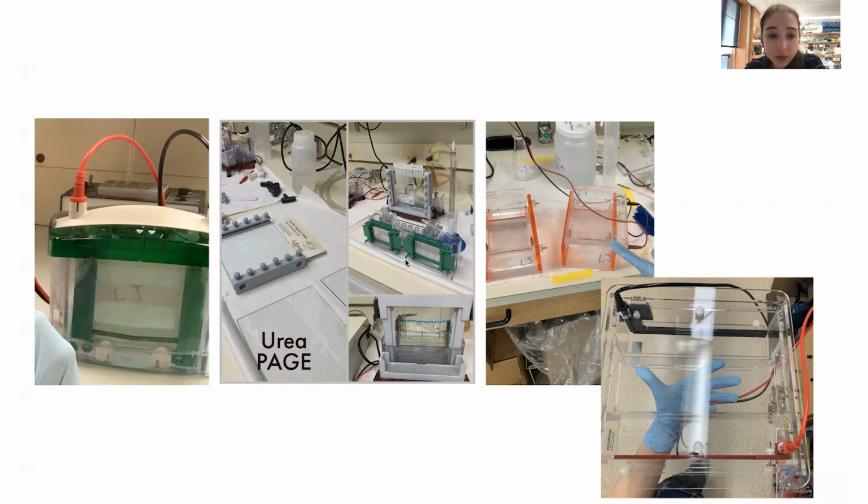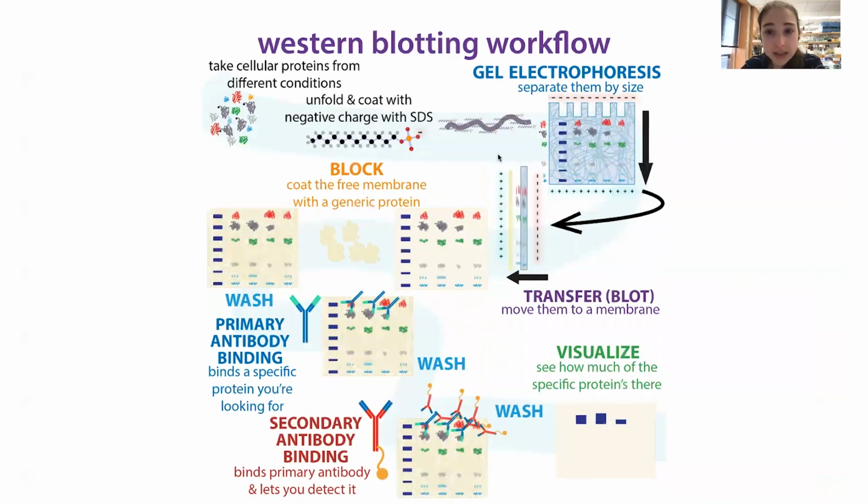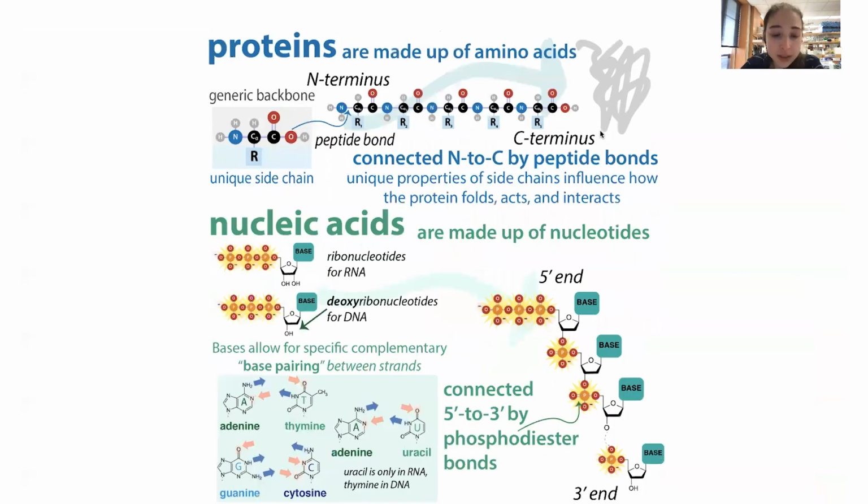In order to get the molecules ready to move through the gel, we need to first do a couple things depending on what the molecules are. And so in proteins, we do the SDS coating, and that's going to unfold them, and it's also going to give them the negative charge that they need. When we're dealing with DNA and RNA, they're already negatively charged, but they also have structure we need to get rid of.